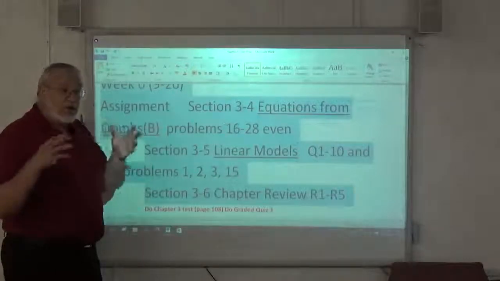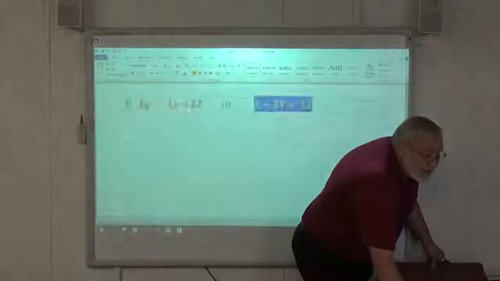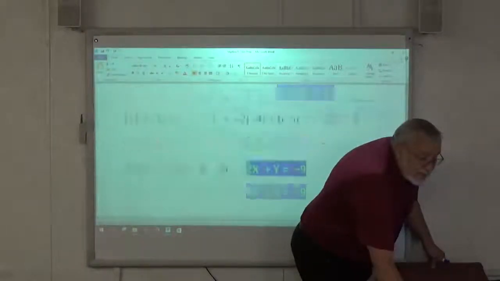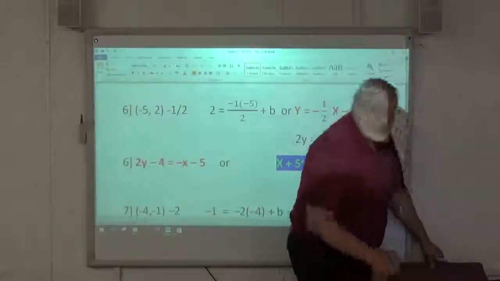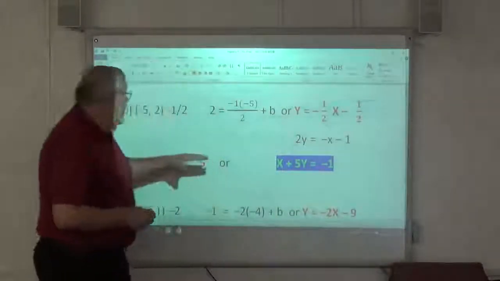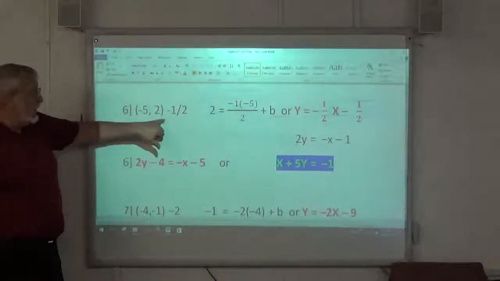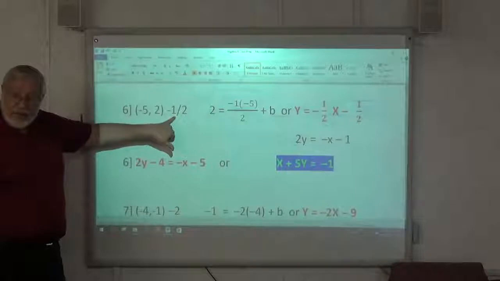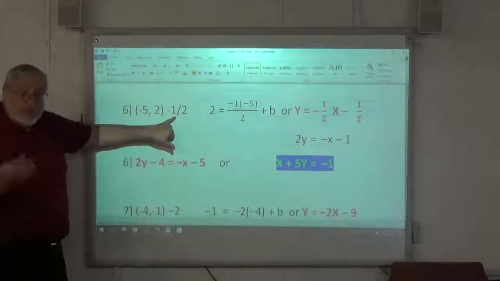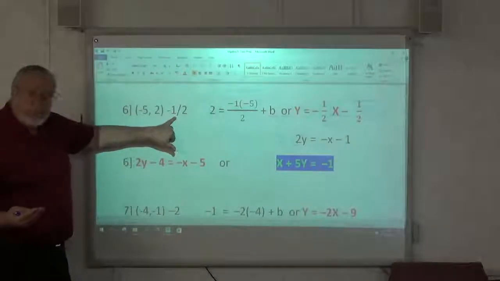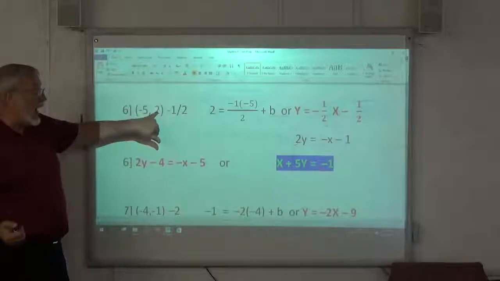What you've been working on goes back to what we did last week. Let's look at this problem right here. Last week we talked about how, given this point and this slope, you can create a point-slope equation, which puts this 2 as the y.